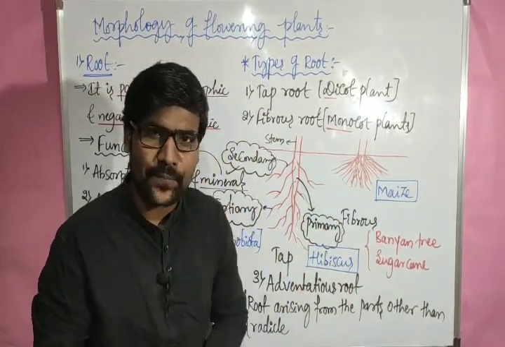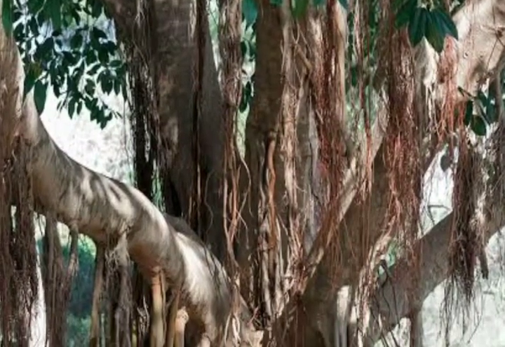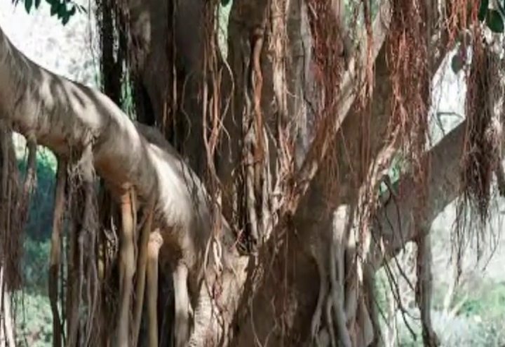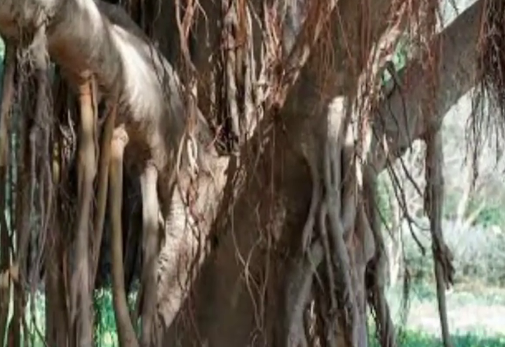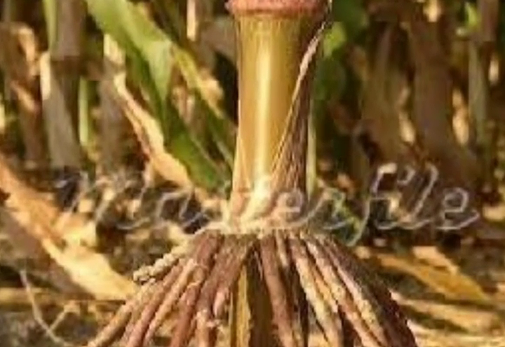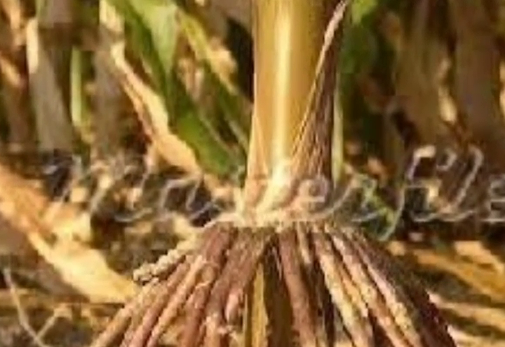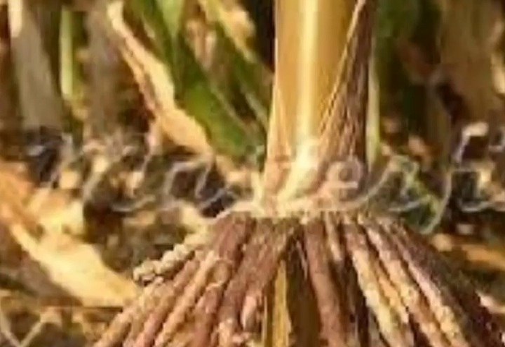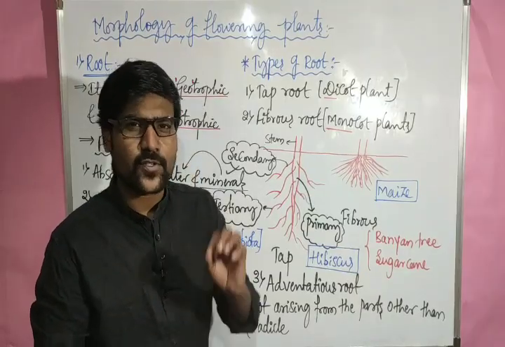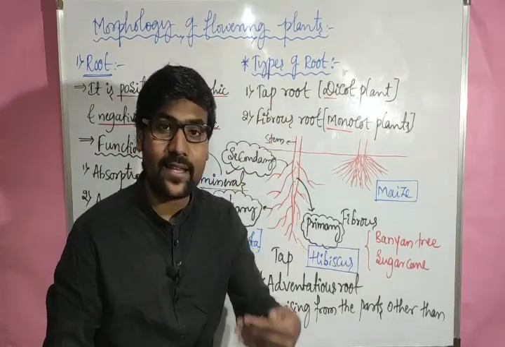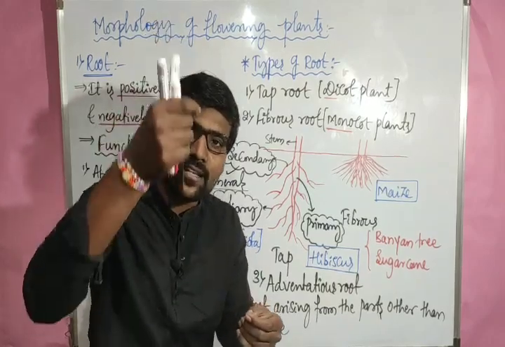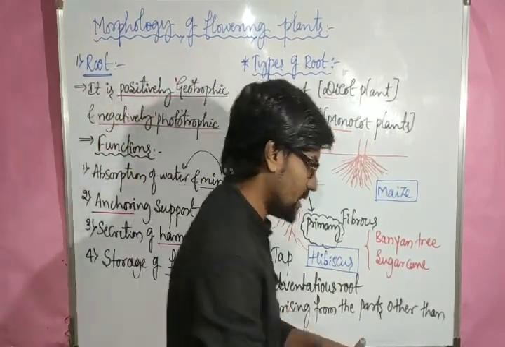Once observe the diagram. Yes, so in the diagram you observe the first one is a banyan tree. In the banyan tree we can see the hanging roots. Say for example, let me draw here once.